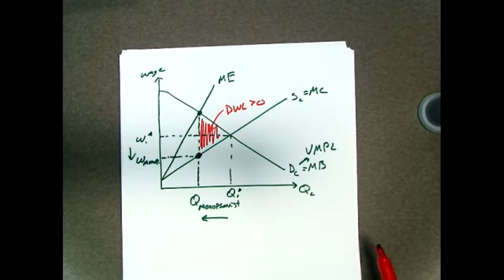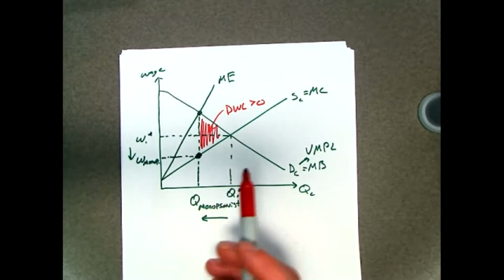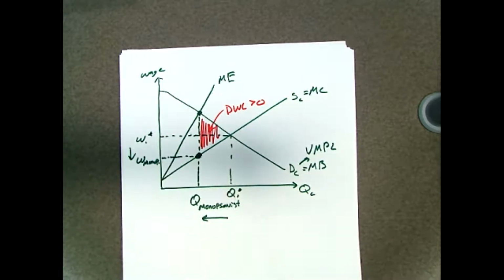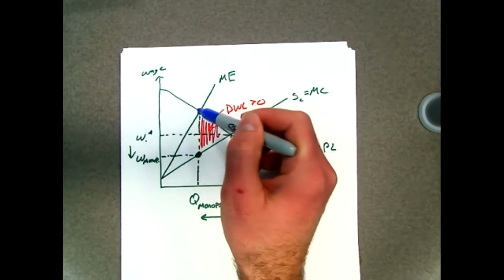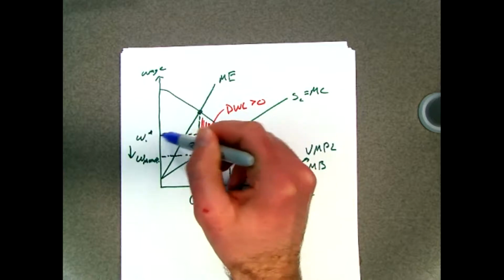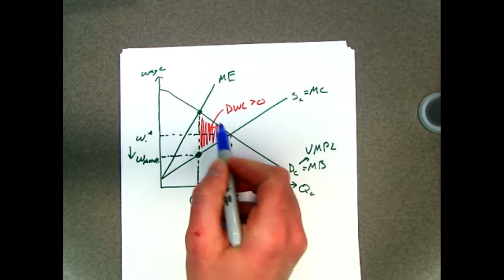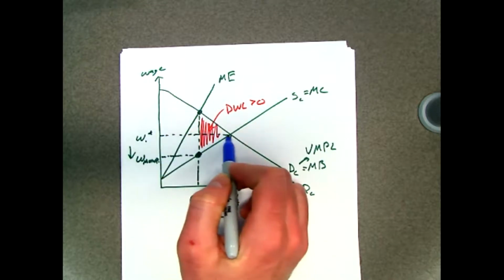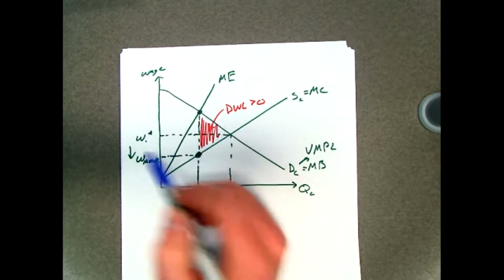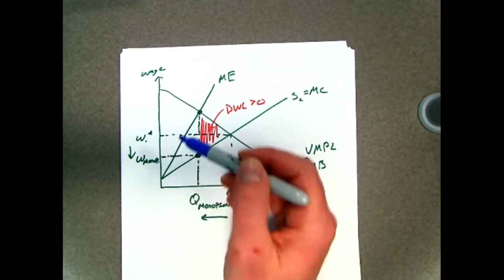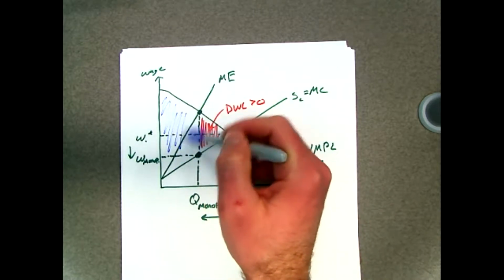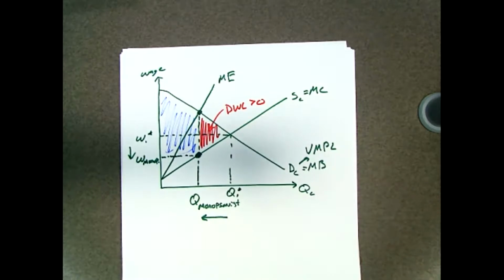So now consumer surplus, I'm going to use a different color, would have been the area under the demand curve, but above the price. Well, now the price of labor is the wage. So this was consumer surplus before, this triangle up here. After we have monopsony power, the wage is all the way down here. So consumer surplus is going to be all of this.